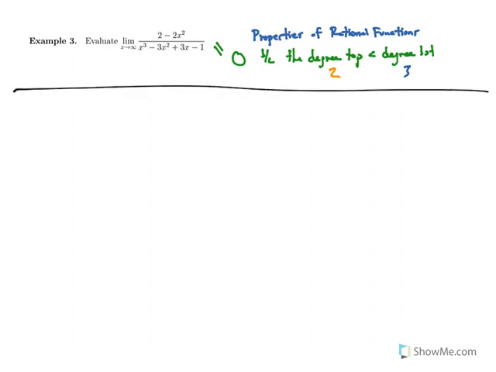This is a technique that we're going to use later on in this course. What we can do is, in both the top and the bottom, factor out the largest term. So we'll do the top and the bottom separately here. On the top, we are going to factor out an x squared out of both terms.